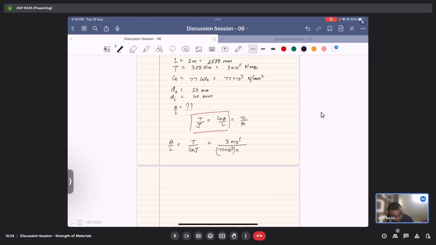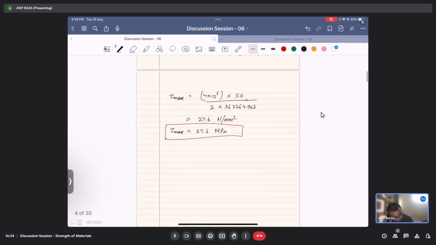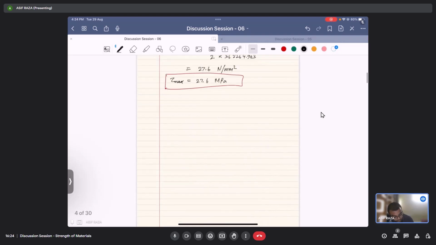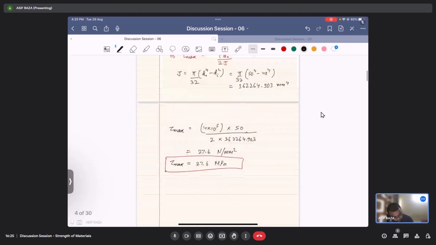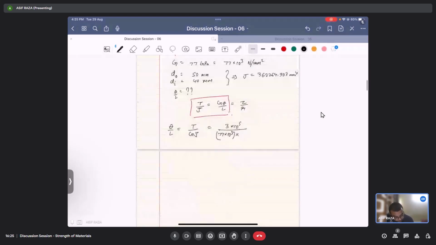Earlier expression we got for J was 362264.903 mm 4. So we'll substitute this.